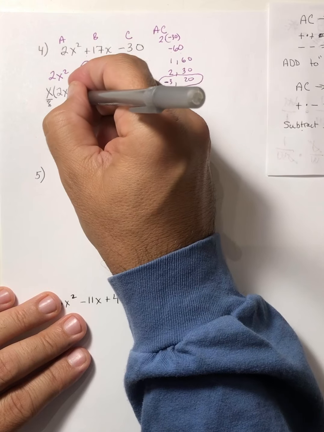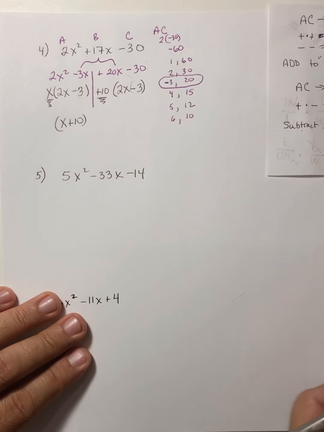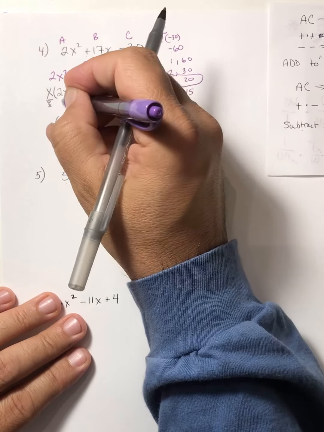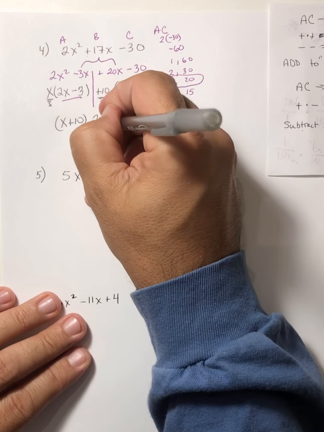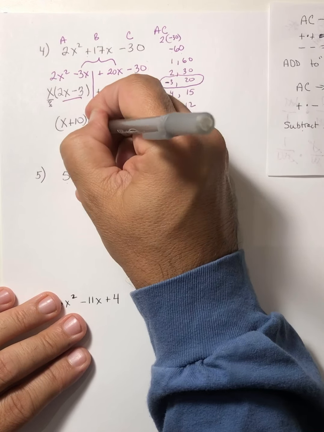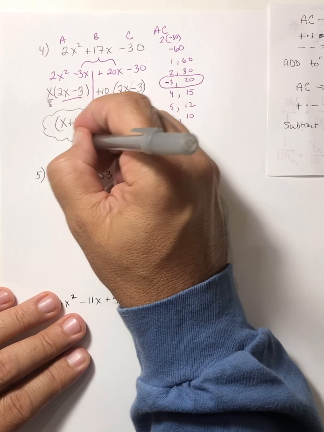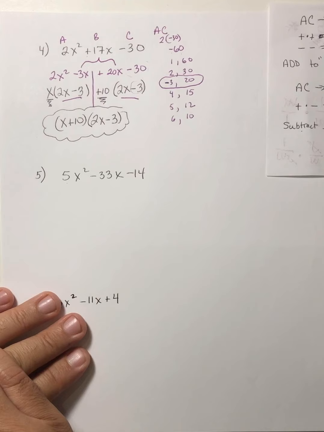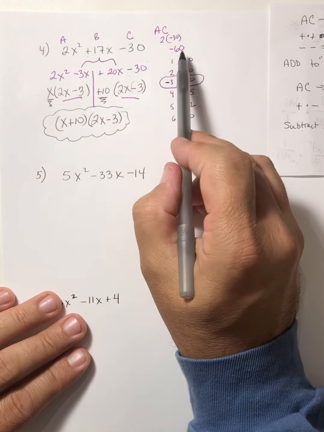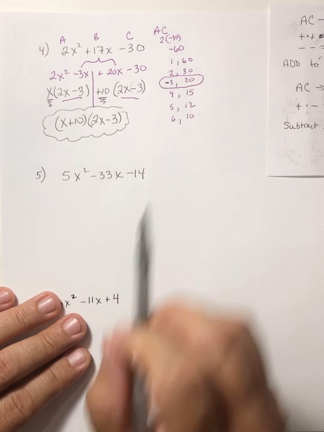And then here's your other parentheses. 2x minus 3. You are all done factoring. Like I said, factoring's easy when you know your multiplication tables.